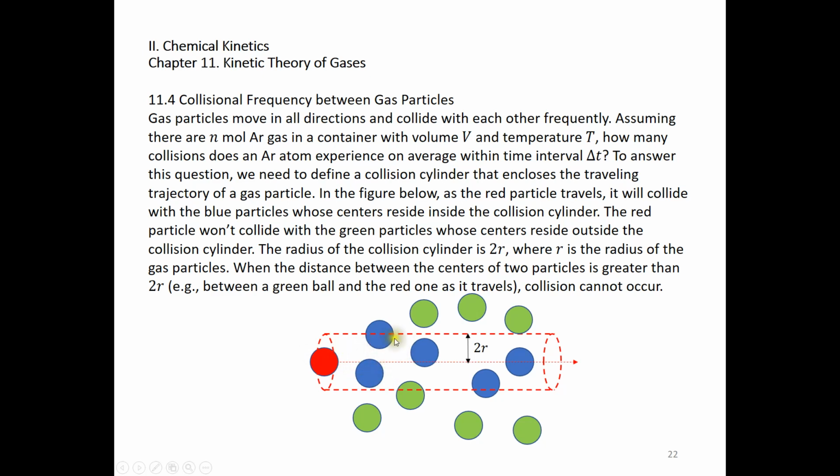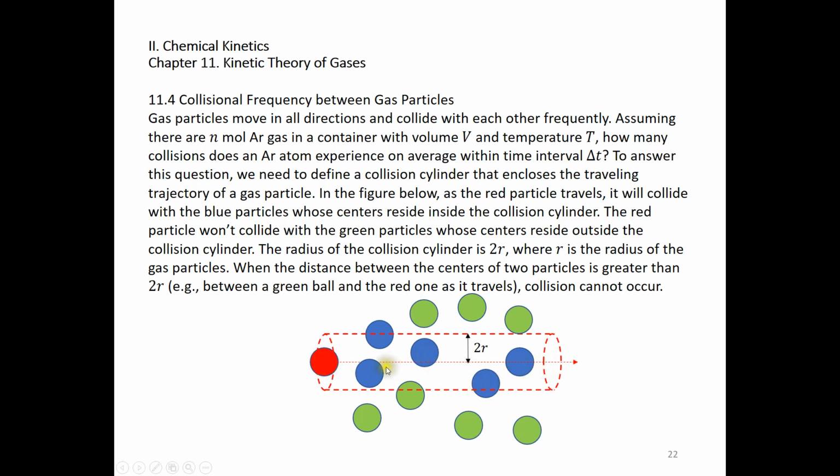It's because the radius of this cylinder is 2r. Over here, this is more than r and this is r, and the sum of the two is more than 2r. So inevitably there's going to be a collision between the red sphere and the blue sphere. Same for this one.